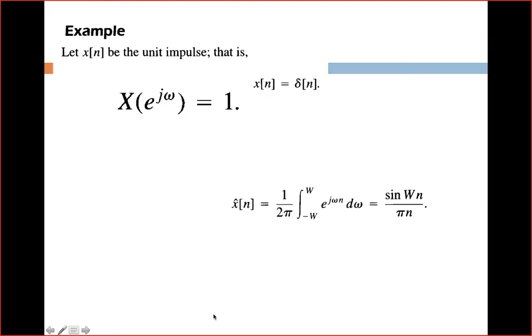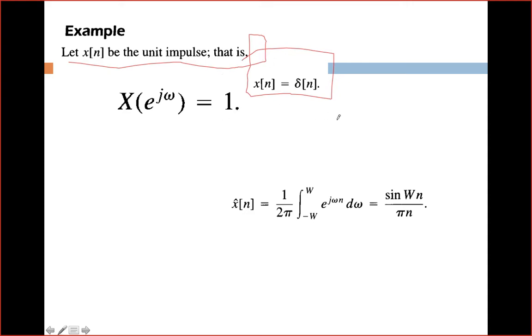Okay, so here the given problem is, let x of n be a unit impulse, defined as x of n is equal to del of n. We need to find out the DTFT of this particular signal.